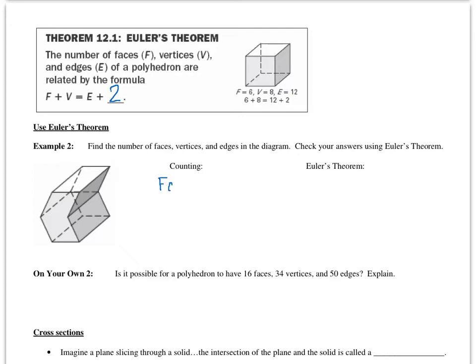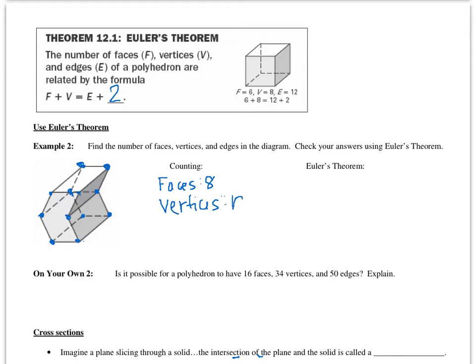So my faces, there's 8. My vertices are the points. So I've got 1, 2, 3, 4, 5, 6, 7, 8, 9, 10, 11, 12.